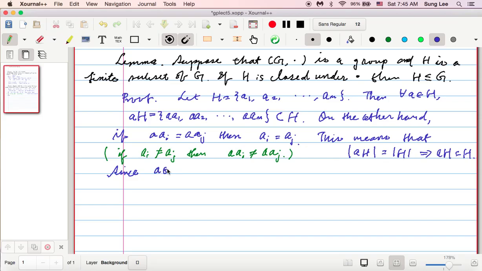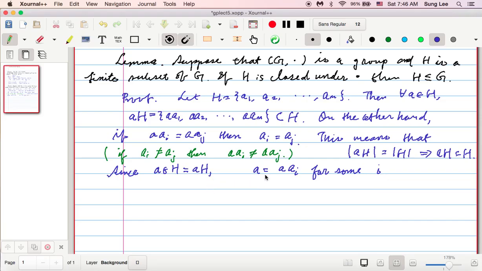Now, since A belongs to H, and we know that A equals A times H, so A equals A times AI for some I between 1 and n, but I don't have to write that down.